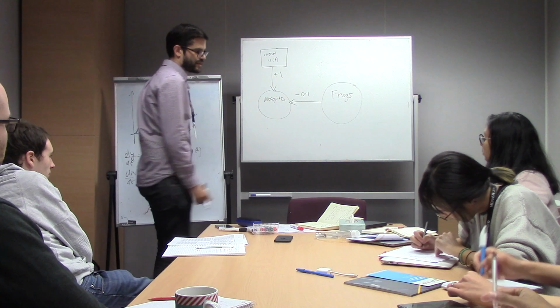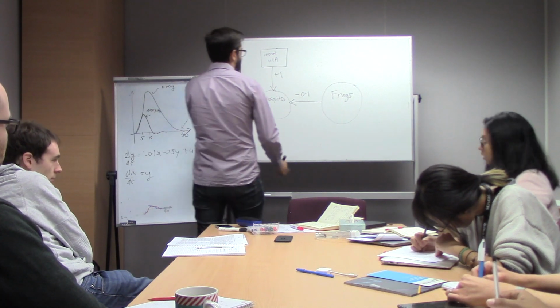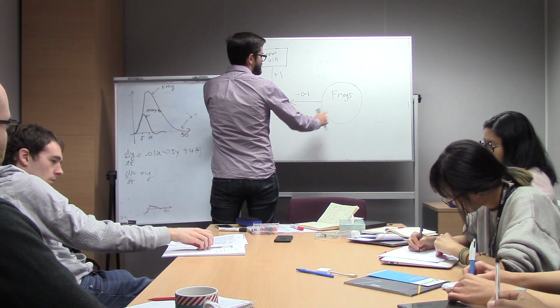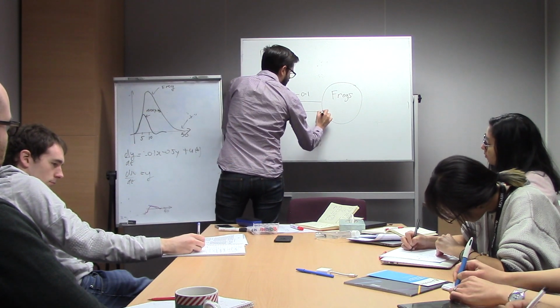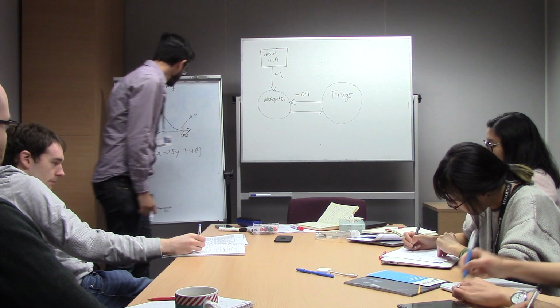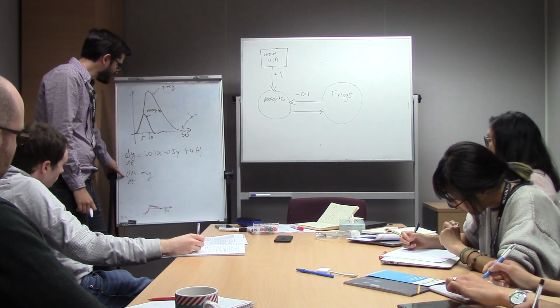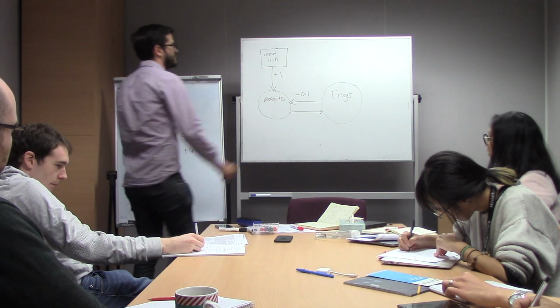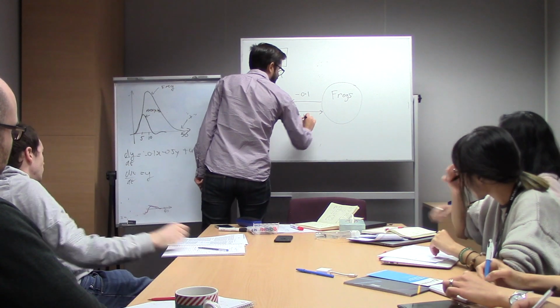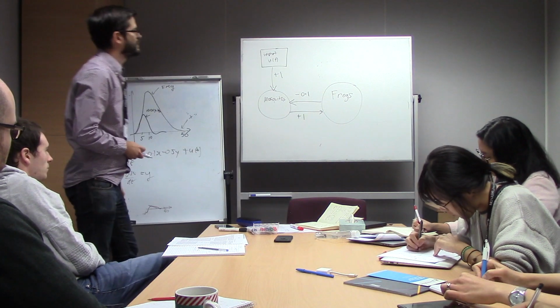Next, we have the influence of mosquitoes onto frogs. So we have an arrow here. If we look at this equation, dx/dt, the rate of change of frog, equals +y, +1. Okay?